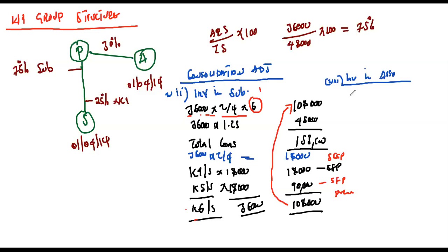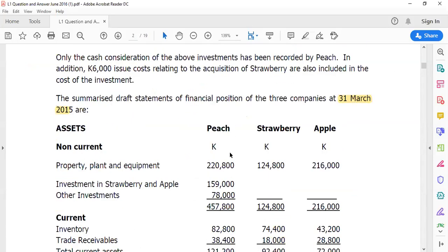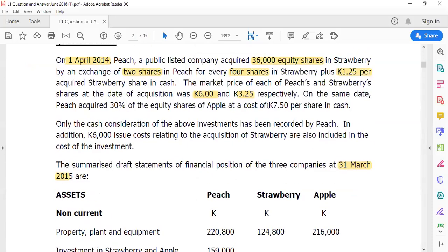We have the cost of investment. We are told here, look at this one. The associate had how many shares? 48,000 shares. You see that? And what else do we have? It was purchased at how much?